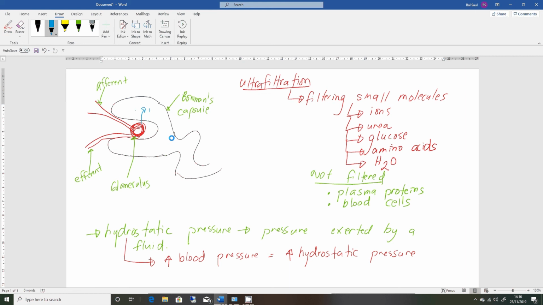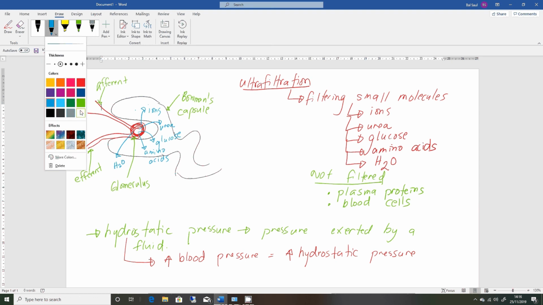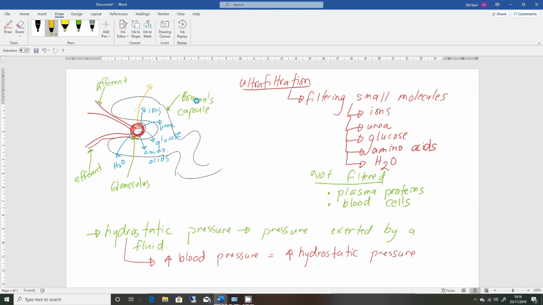So this would be ions, urea, glucose, amino acids, and H2O. The only thing that will remain inside the glomerulus would be things like proteins.